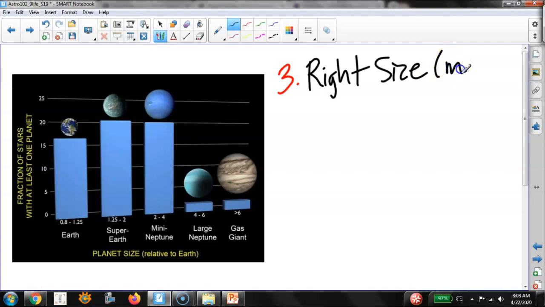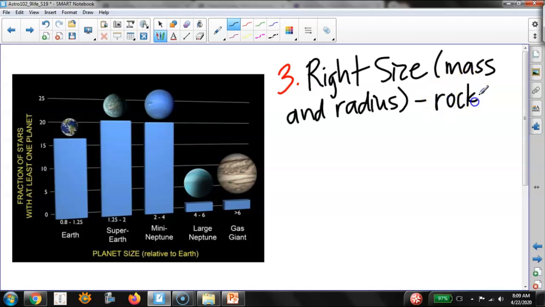The planet has to have the right mass and the right radius, okay, or diameter, its size. Because if we're going to have life as we know it, we need a rocky planet with a small breathable atmosphere.